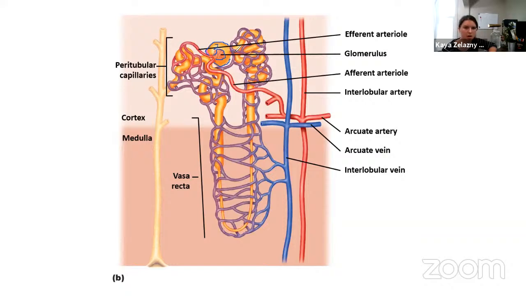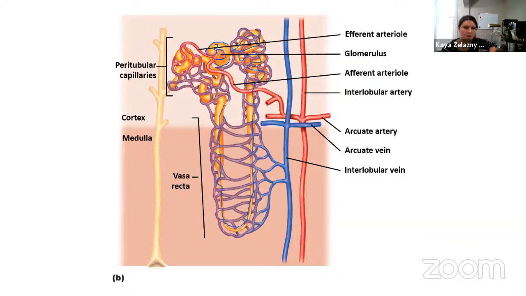We then go into our proximal convoluted tubule. Proximal because it's first, convoluted because it's twisty. We then go into our loop of Henle. So we're descending into the medulla, which you'll see is really salty, which is going to be important for some of the physiological function.